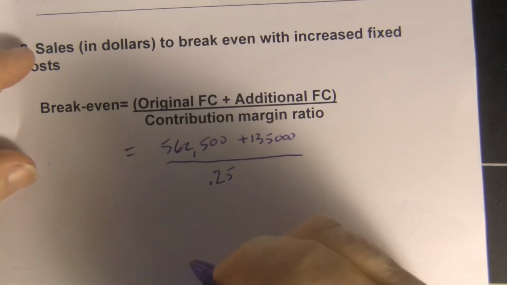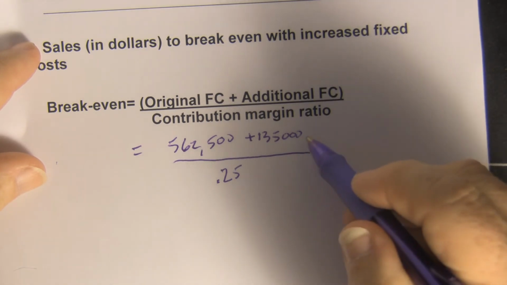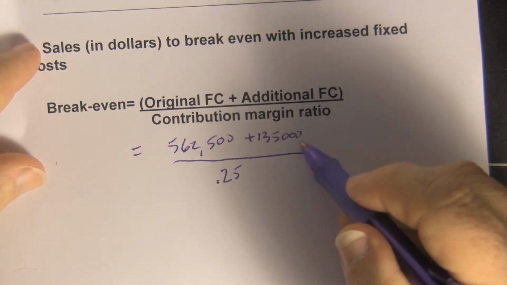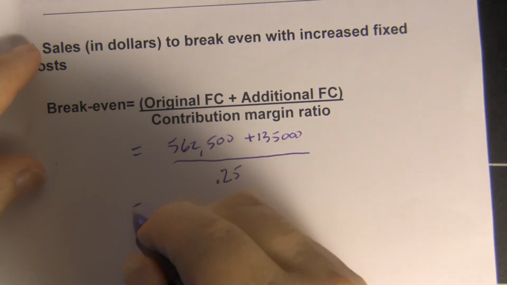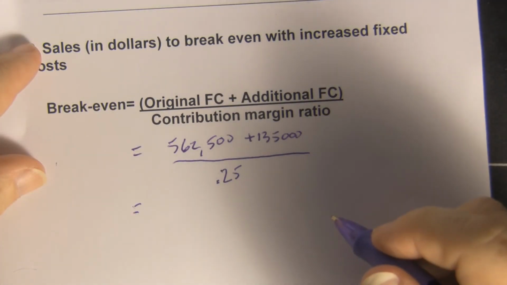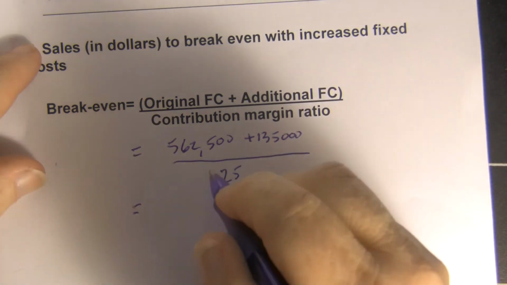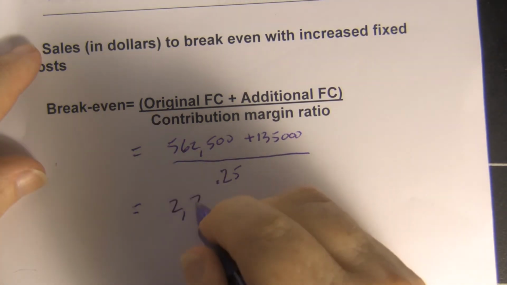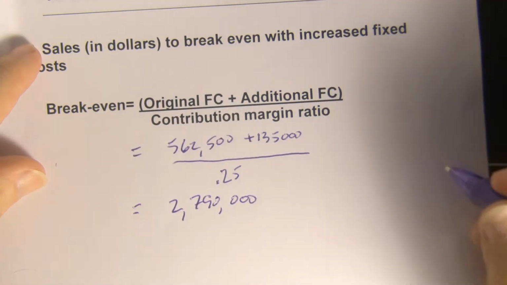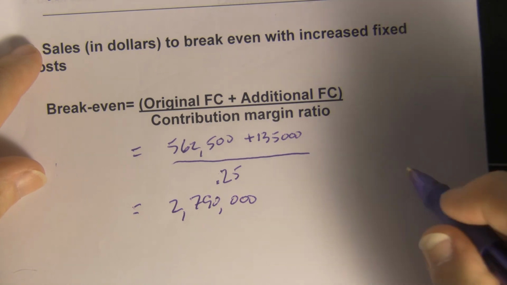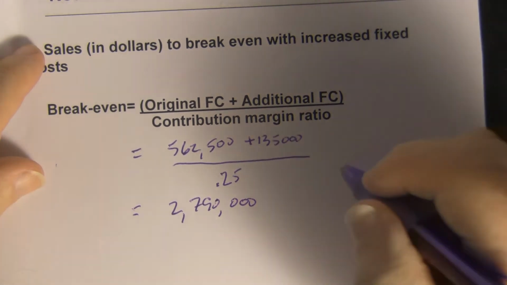And at that new fixed cost range, if our fixed costs go up by the $135,000, our new break-even point in dollars will be $2,790,000.